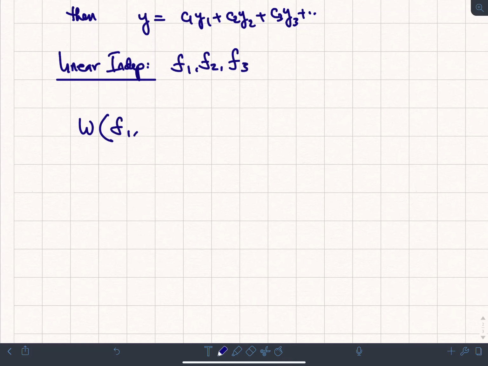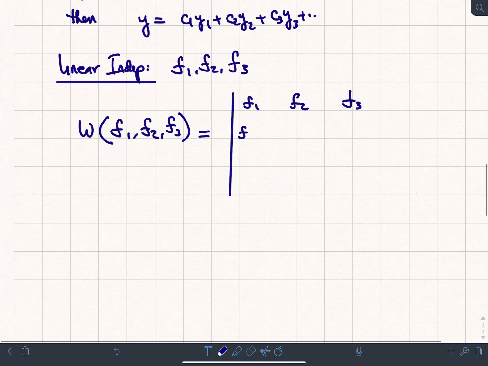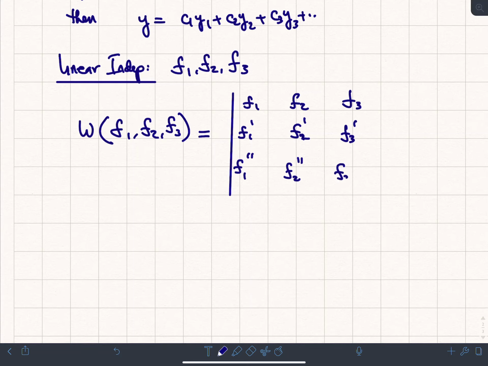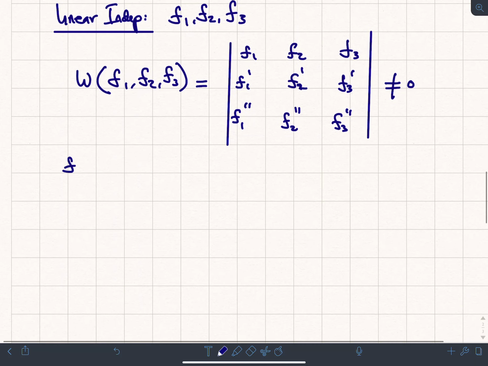So the Wronskian of f1, f2, and f3 would be a determinant of the first function, second function, third function, and their derivatives. Once you find the determinant and it's non-zero, that will tell us that f1, f2, and f3 are linearly independent.